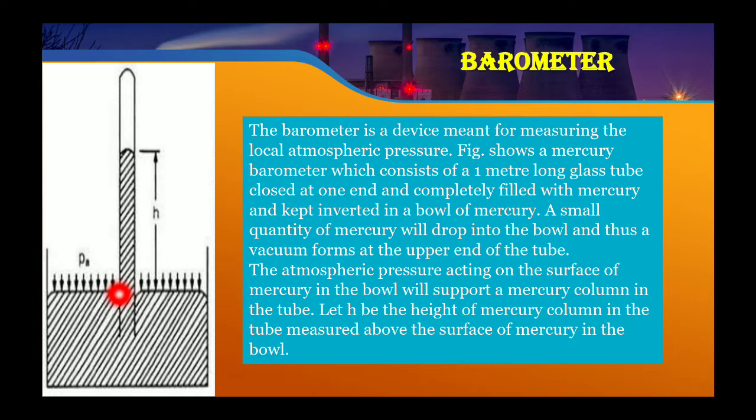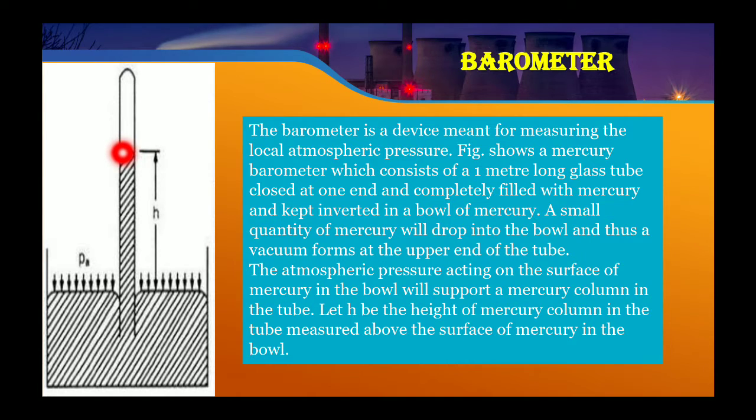A small quantity of mercury will drop into the bowl, and thus a vacuum forms in the upper end of the tube. So when this is dropped into the bowl, a vacuum is produced in the upper end of the tube.